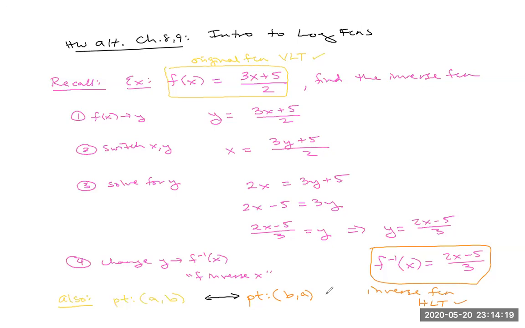So 3 times 1 plus 5 divided by 2 gives me 4. So I know that the point 1, 4 is on the graph of f of x. And you can plug that in, just check it. What does that tell me about the point that'll be located on the inverse graph? That tells me 4, 1 will be located on the inverse graph. So that's just review. Early chapter 8.